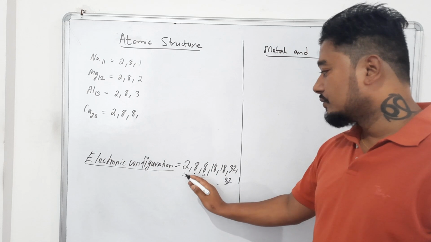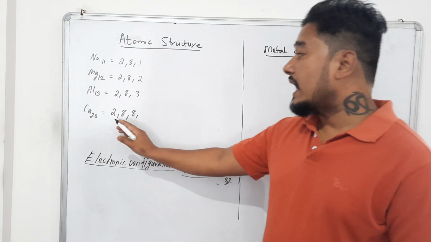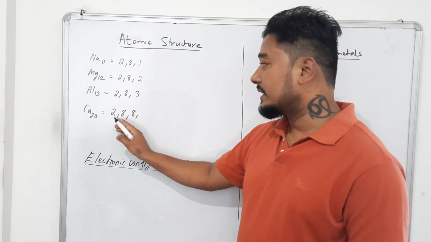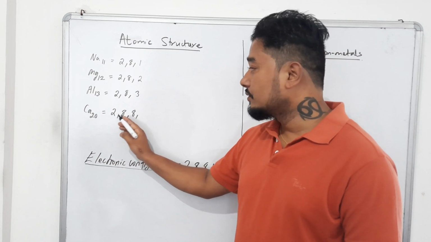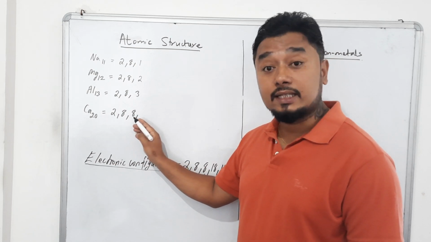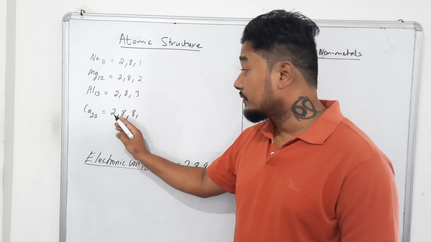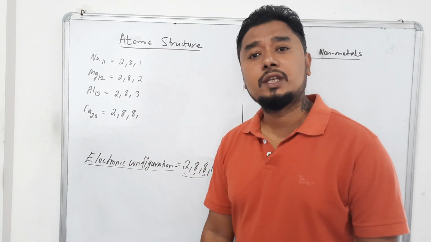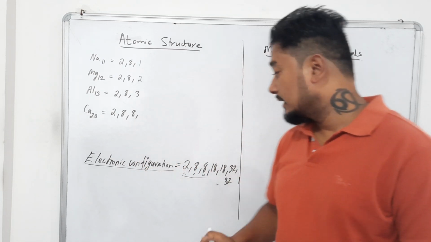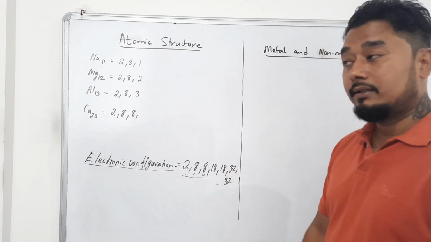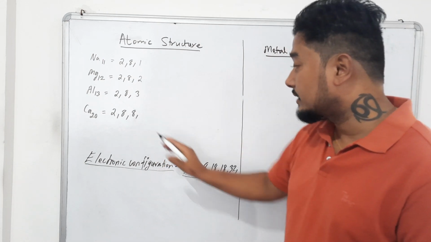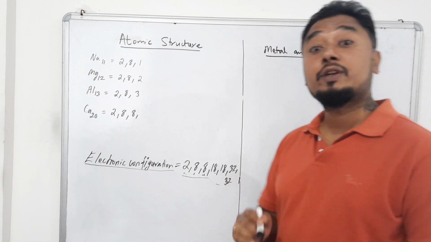You can see 2, 8, 8. Now add all of this, 2, 8, 8 makes how much? 18. You have 20, out of which 18 is gone. So how much is left with you? Again 2 is left. Because we have finished the first, second and third shell, now we have to go to the fourth shell, where you can put 18.